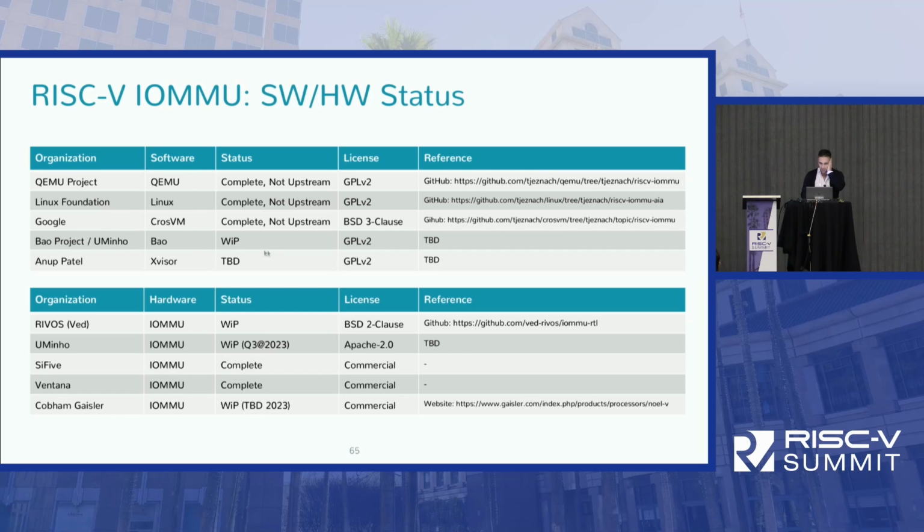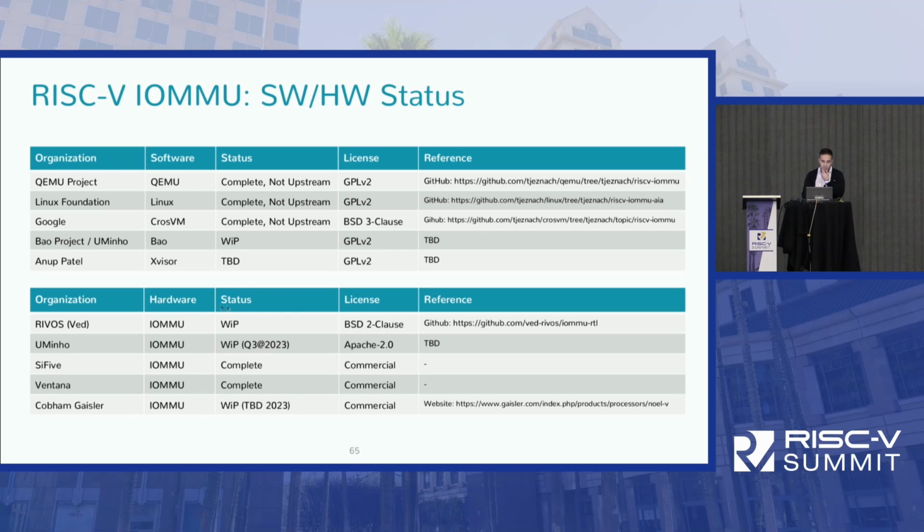My team is also first implementing one IOMMU IP and also the support for the IOMMU in terms of software on Bao. And also, Anup told me that once the specification is ratified, we will include support in RISC-V.